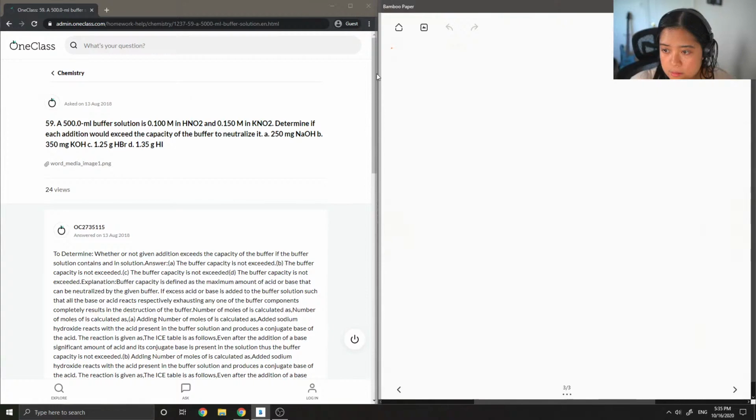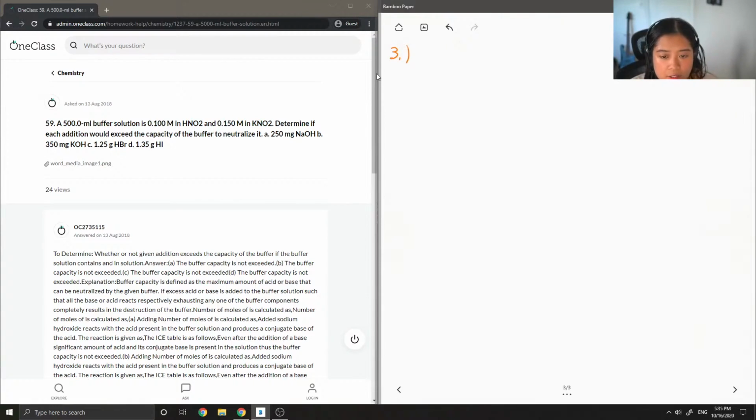Okay, so on to question number 3. A 500 ml buffer solution is 0.1 molar in HNO2 and 0.15 molar in potassium nitrate. Determine if each addition would exceed the capacity of the buffer to neutralize it, and then they give different milligrams, different masses of these certain compounds.